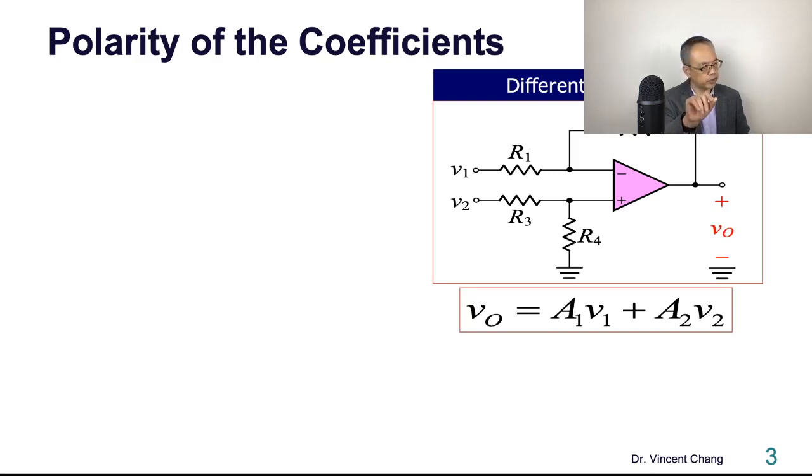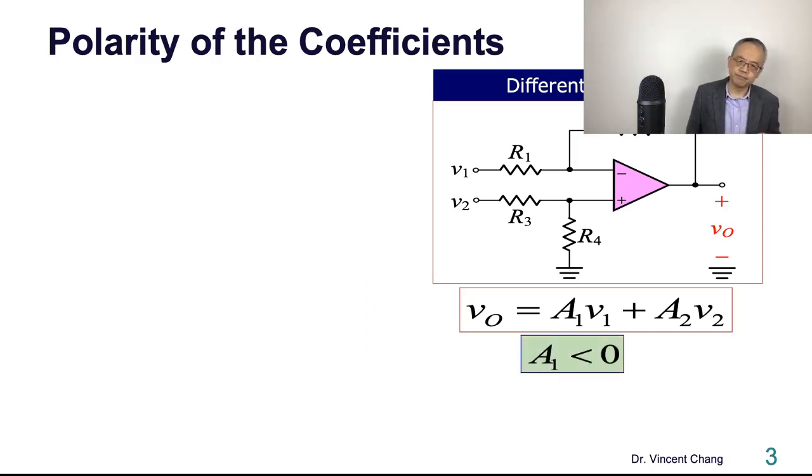And the next question is, can you just use analysis by inspection to decide the polarity of these two coefficients? The first one, A1, is the coefficient of V1, right? And V1 comes in through the negative input, the inverting input. So A1 should be less than 0.